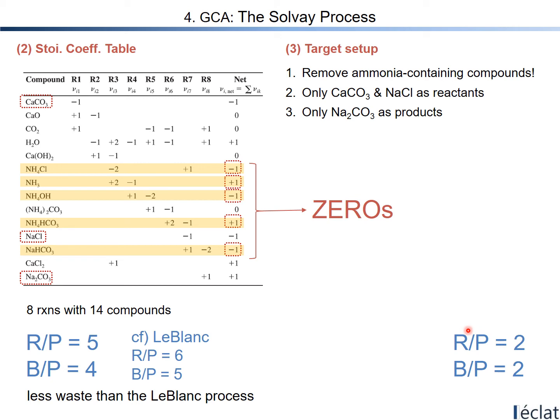One more thing. Our original target is that we have only sodium carbonate as products. But here is the water, and here is the calcium chloride as the product, even if I have synthesized this network of reaction pathways. Why?